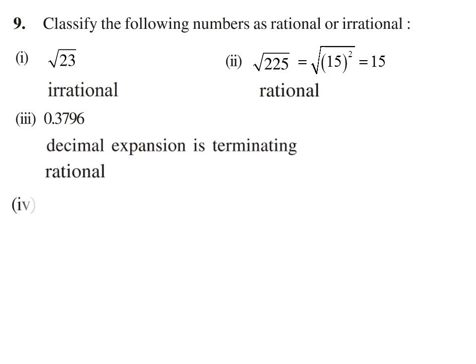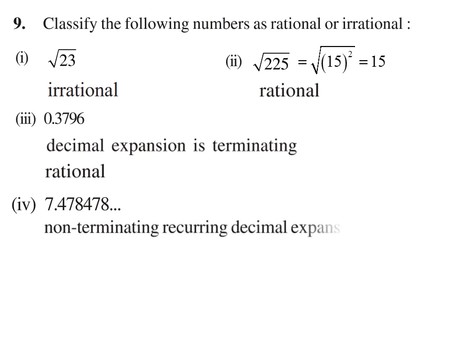Now the fourth question, 7.478478 up to infinity. Again, which kind of decimal expansion is it? Non-terminating and recurring. We know if the decimal expansion is non-terminating and recurring, it is a rational number. So this number is also rational.